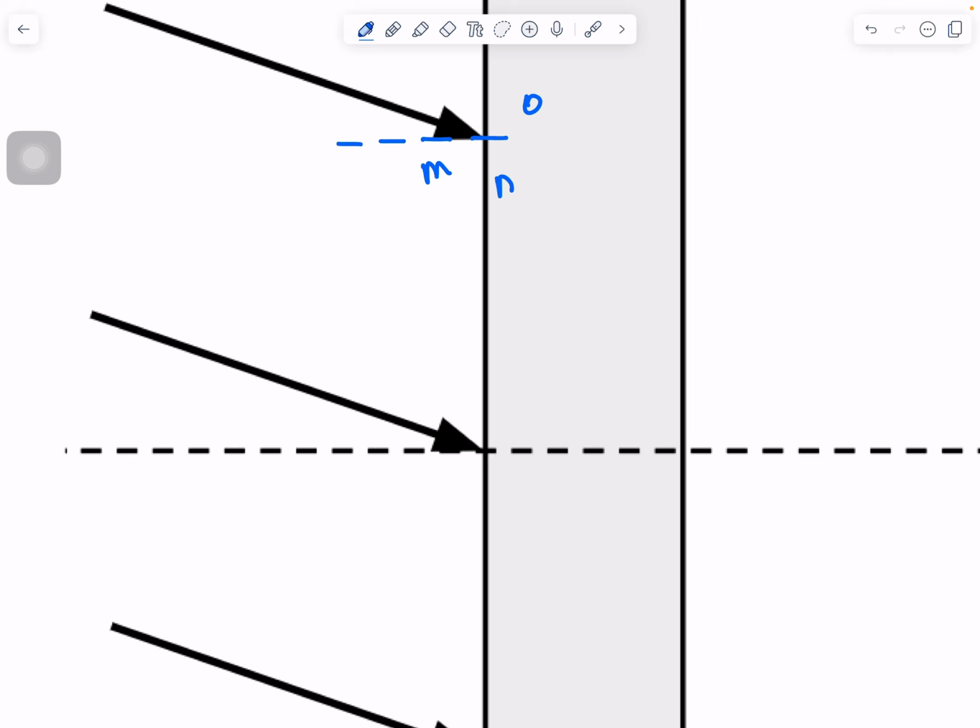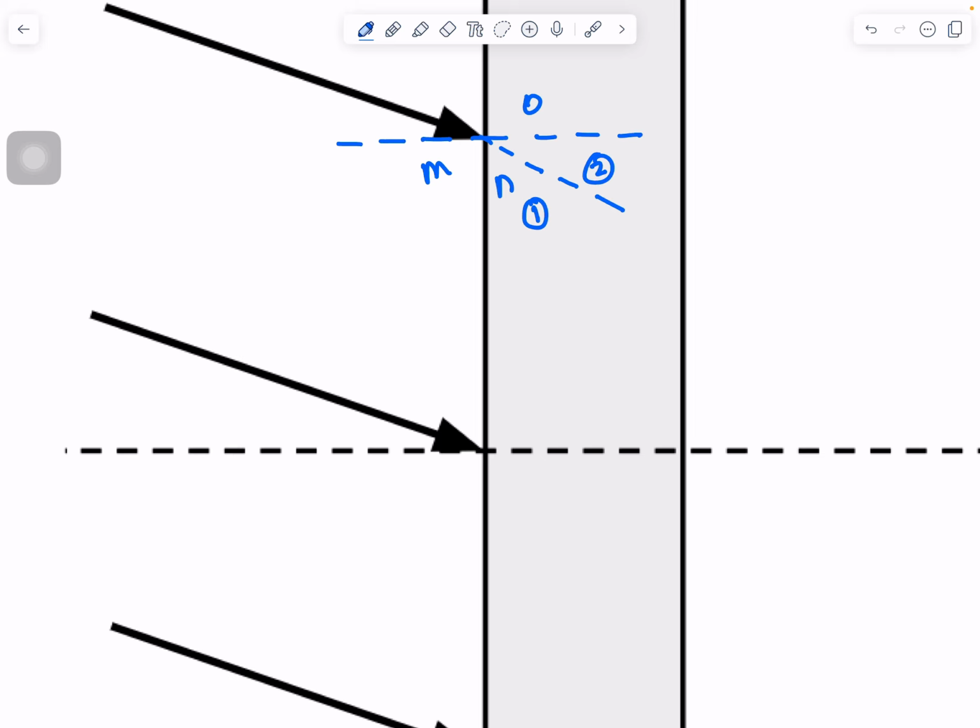And then we can do this. So if it doesn't bend at all, is it going to go to 1 or 2?